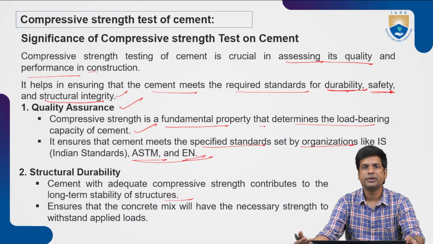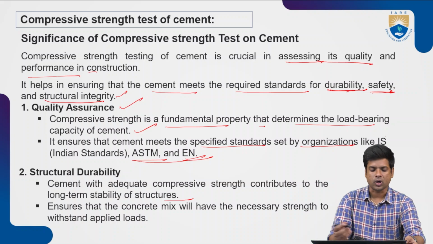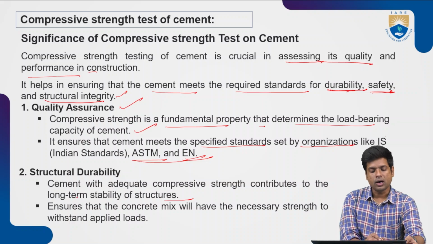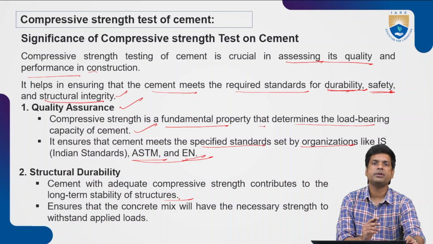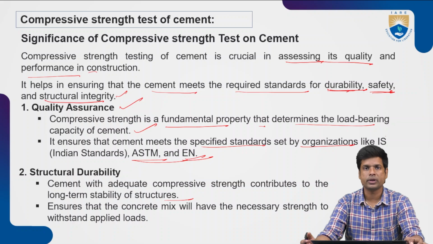If it satisfies the adequate compressive strength, then we can use that cement in construction, and we can get some knowledge regarding the long-term stability of the structure. If the strength is high, then we can apply more loads, or that concrete is going to give more life. Whatever the intended function is, it will be fulfilled if you have high strength cement.